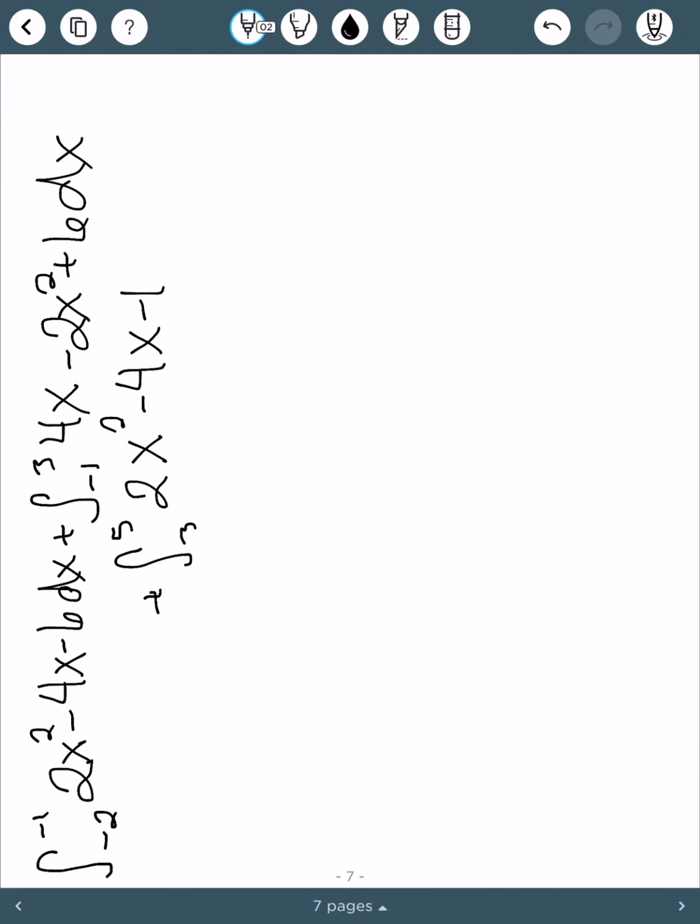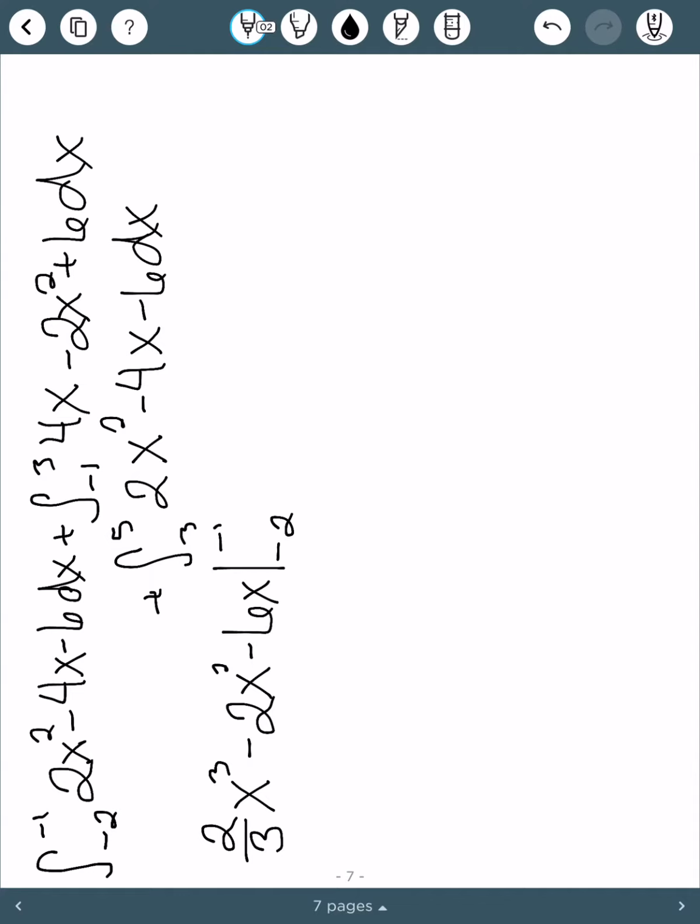minus 4x minus 6. So once we integrate this, we get 2/3 x cubed minus 2x squared minus 6x between negative 2 and negative 1.